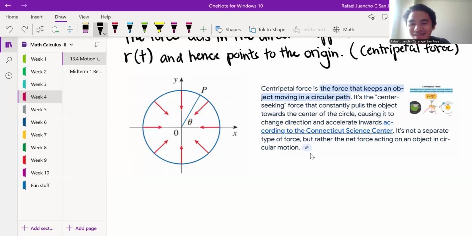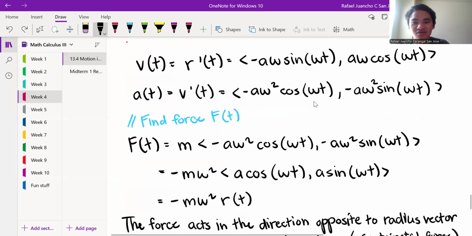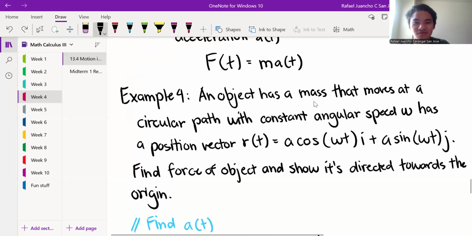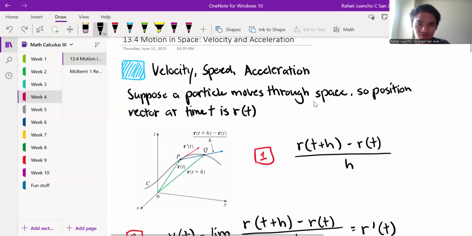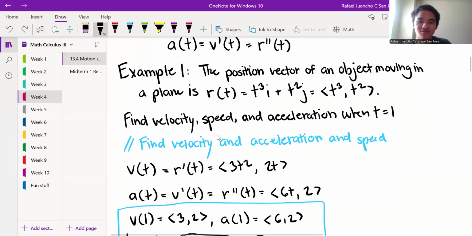But take that with a grain of salt, especially coming from me, who doesn't know too much physics. But that's some pretty cool physics application on how we can apply this idea of velocity, speed, and acceleration.